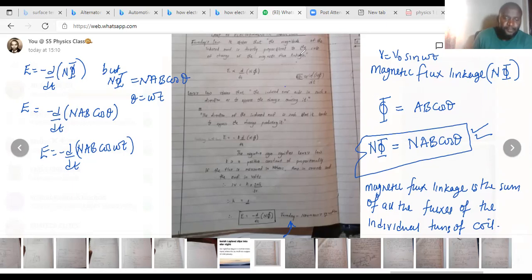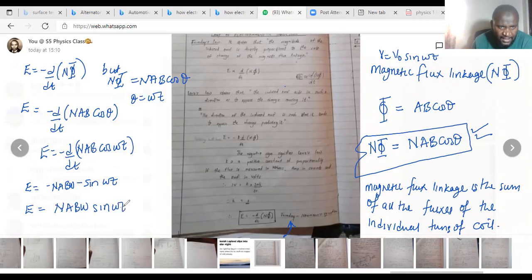Now, with that, we can also get the definition of what we call a Weber. But before I take you to a Weber, if someone is to differentiate this, you will get a negative NAB, then a negative sine of omega t with omega. So this gives us NAB omega sine omega t.